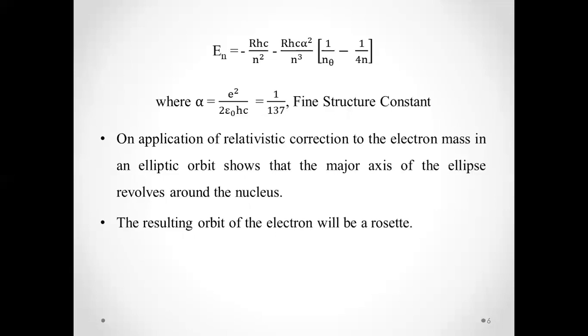The major axis, in fact, revolves around the nucleus, making the orbit a complicated curve known as a rosette. And the figure of this complicated rosette is as shown.